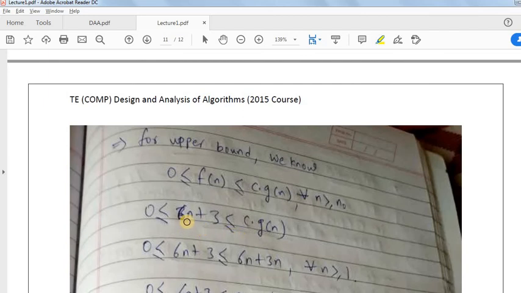How to find this? I know that 6n plus 3 will be lesser than... We need to simply copy all these values and append all the constants to the highest polynomial terms.